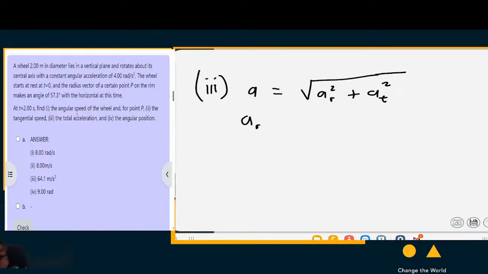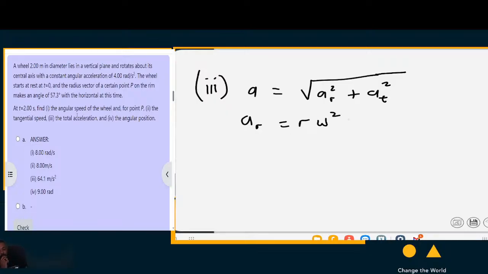The radial acceleration, a_r, is just the radius multiplied by the angular speed squared.